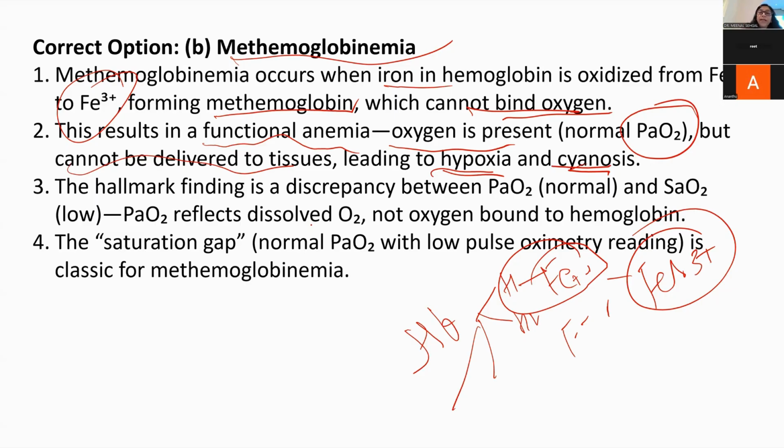So the hallmark finding is a discrepancy between PaO2, that is normal PO2, and saturation is low. PaO2 reflects dissolved oxygen and not the bound oxygen. So the saturation gap, that is normal PO2 with low pulse oximetry reading, is classical for methemoglobinemia.